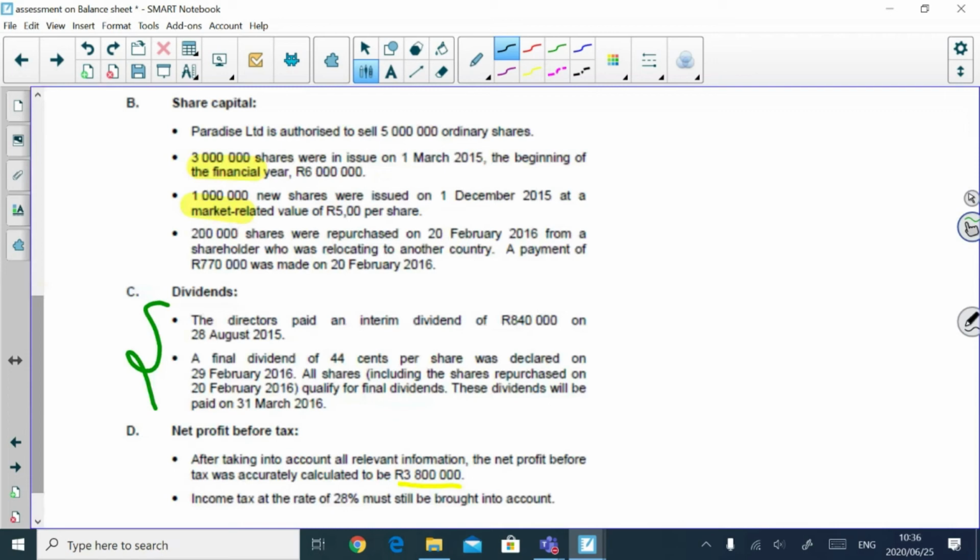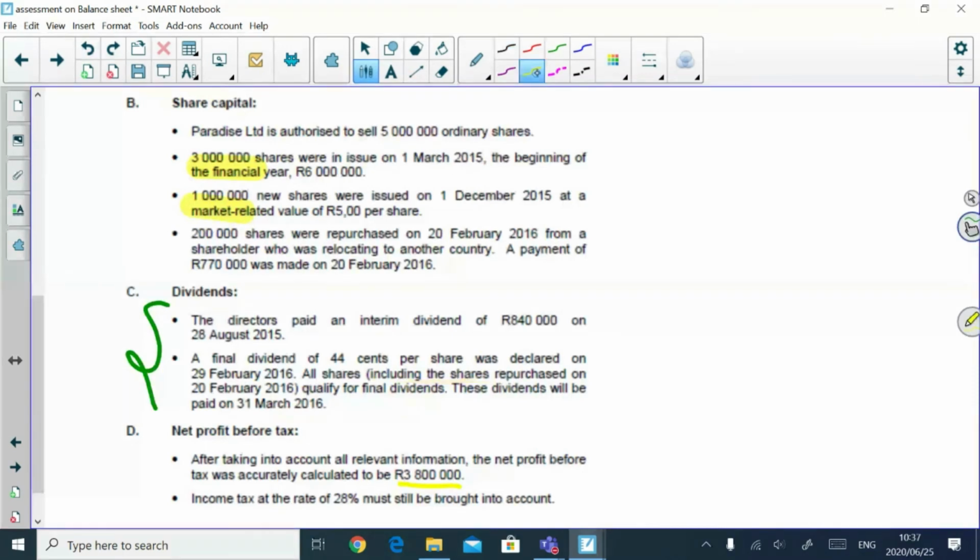So a final dividend of 44 cents per share was declared on 29 February 2006. Remember the date? It falls in our financial year. So all shares, including shares repurchased, they said, also including this one.